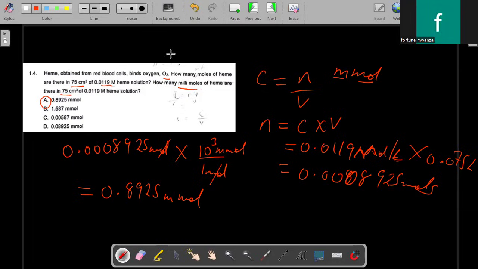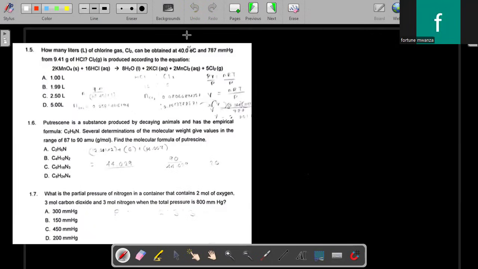Okay, so we can go to the next question, which is question number 5. They say how many liters of chlorine gas, which is Cl2, can be obtained at 40 degrees Celsius temperature and at a pressure of 787 millimeters of mercury, from 9.41 grams of your hydrochloric acid.